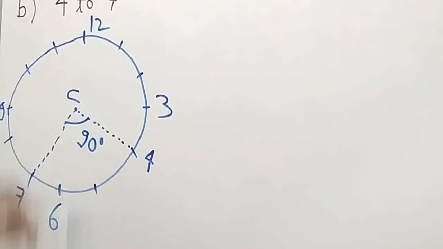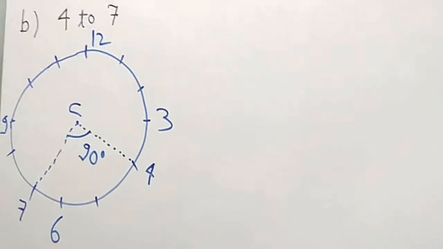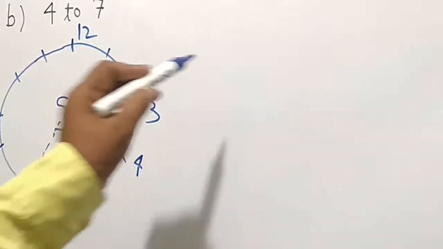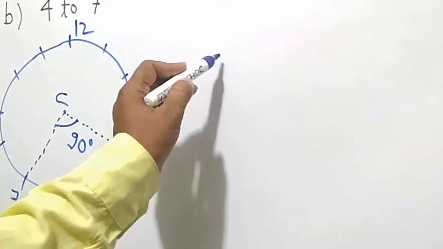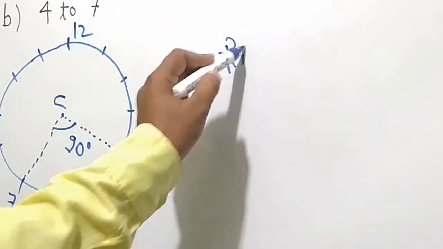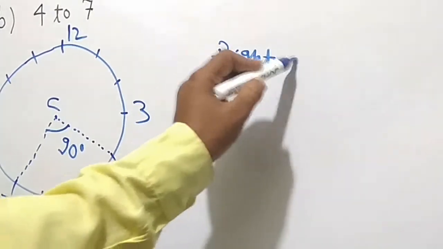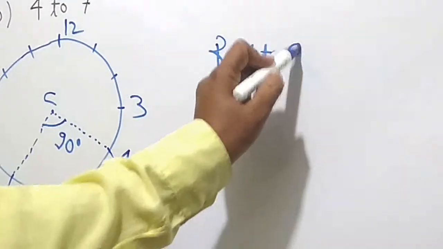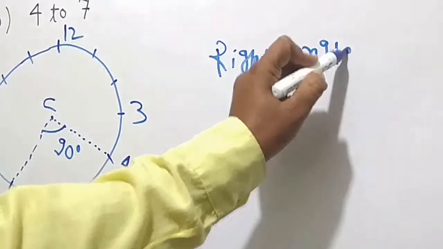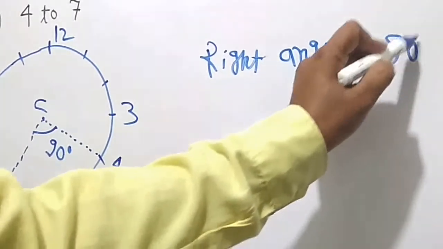And what is the angle of 90 degrees showing? It shows 1/4 of the revolution. It is a right angle, equal to 90 degrees.